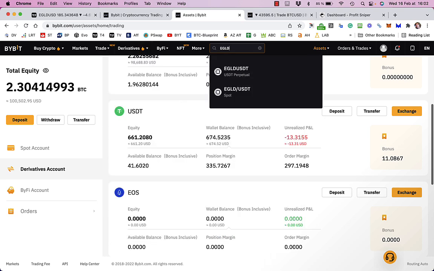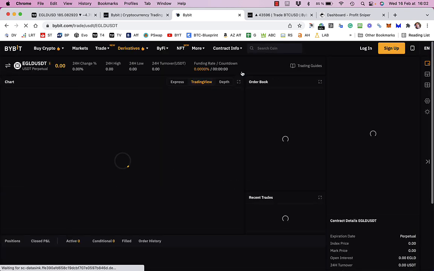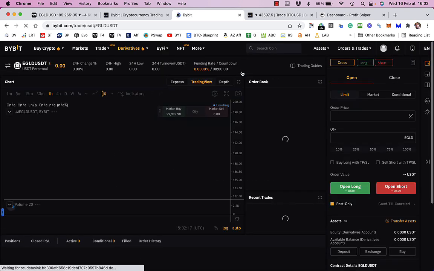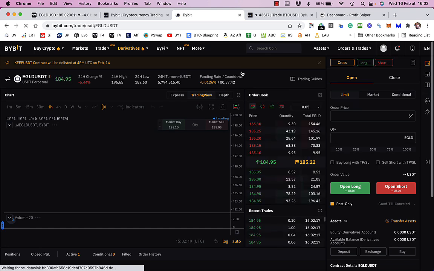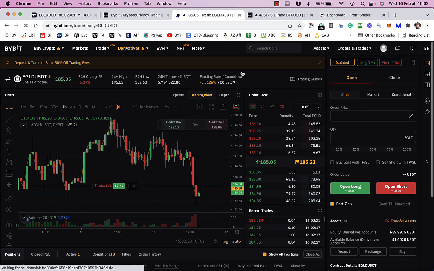Or you can just go up here and search. So you've got the choices of the spot trading or the perpetual. If you wanted the USDT perpetual, you could just do that, and then you're into the trading platform, which is pretty much the same as most trading platforms. And in the next video, I'll show you how to set up a trade. Anyway, that's that for this one.